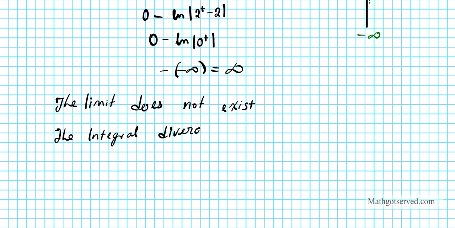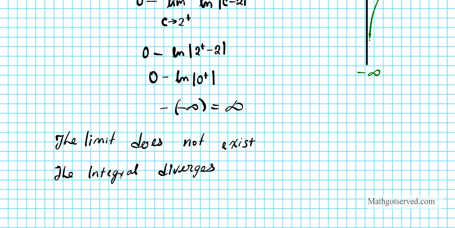Okay, the integral diverges. There is no area. There's no numerical value that you can assign to this area because the integral diverges. Let's just write this out. The integral from 2 to 3 dx over x minus 2 has no value. So there you have it.